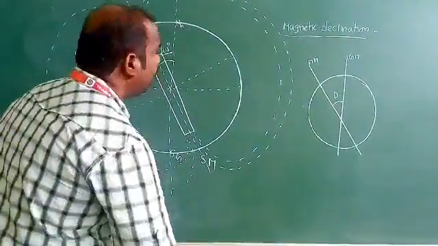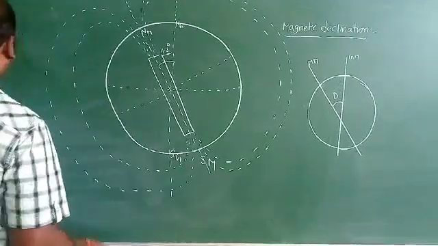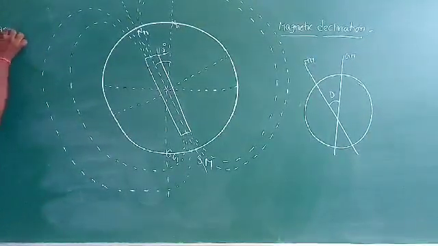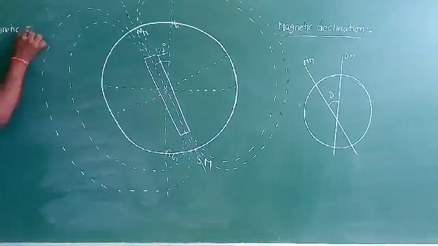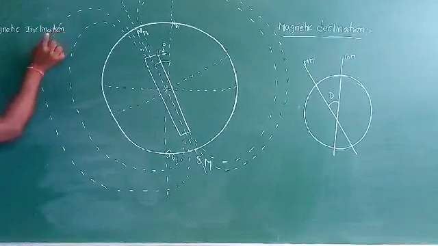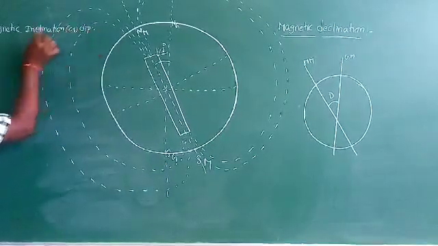Now one more quantity, namely magnetic inclination, or dip.